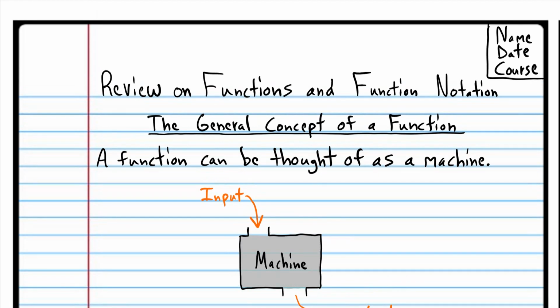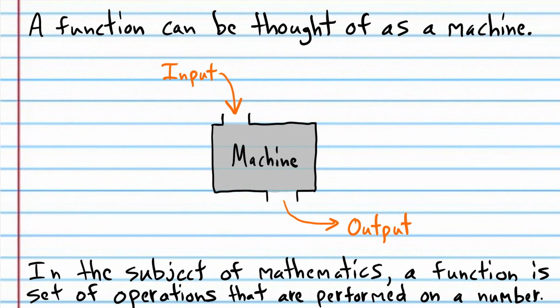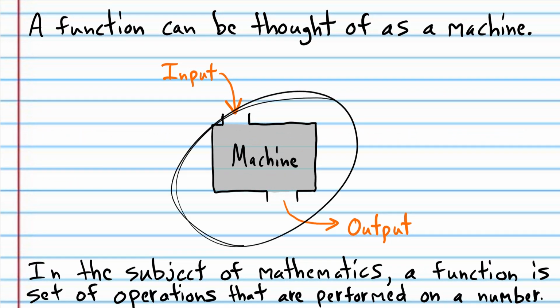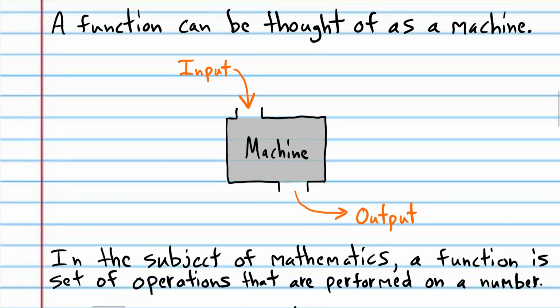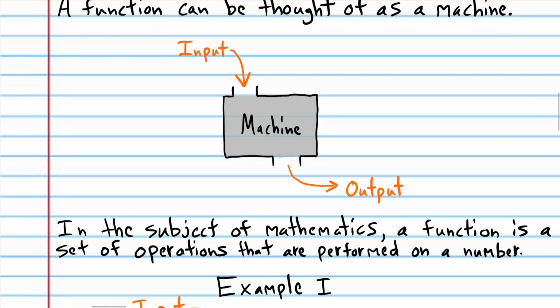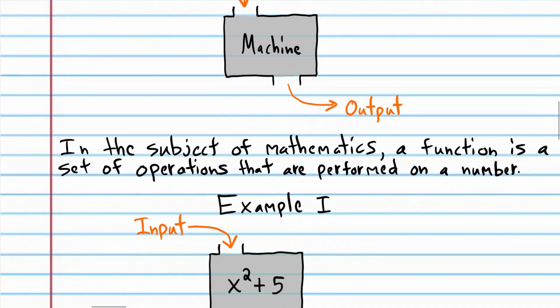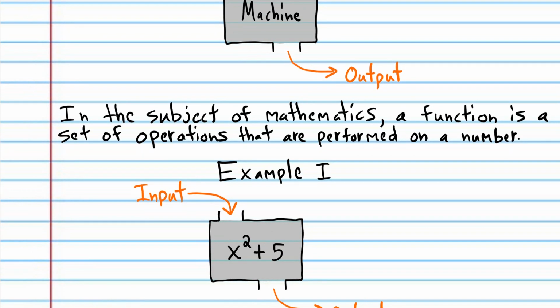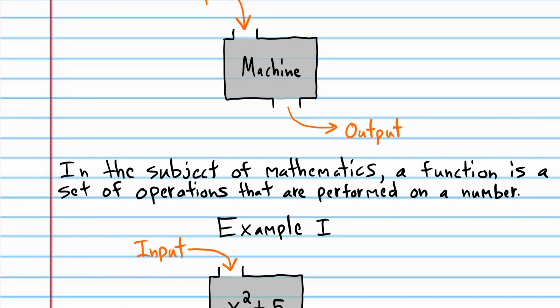So let's review the basic idea of a function. A function can be thought of as a machine, as we mentioned in my intermediate algebra course, and we enter an input into the machine, and the machine processes that input and gives us some sort of output. In the case of mathematics, we're talking about numbers and operations on those numbers.